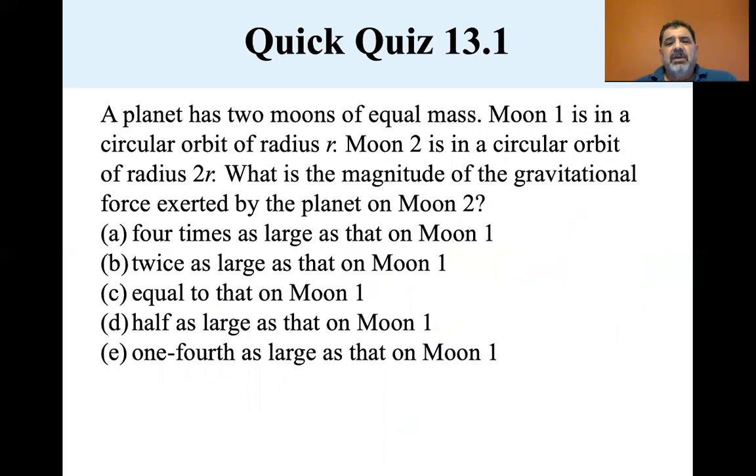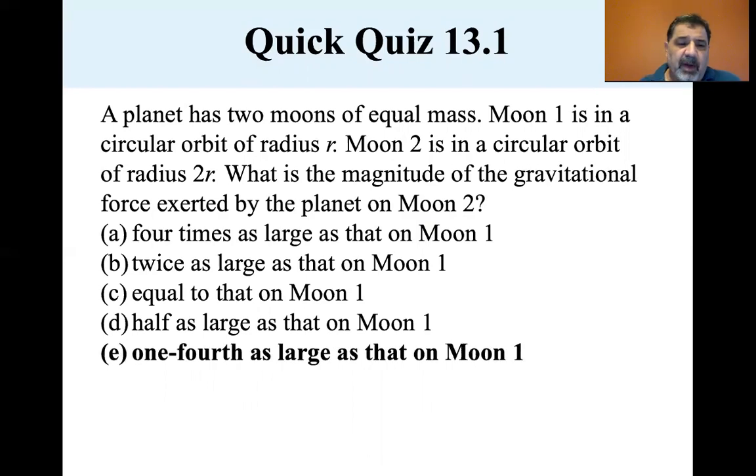Well, since the radius is doubled, and the formula has mass 1, mass 2 divided by r squared, if it's 2r squared, that ends up being 4r squared. So it's 1/4 as large as that of Moon 1. And there's the answer, 1/4 as large.